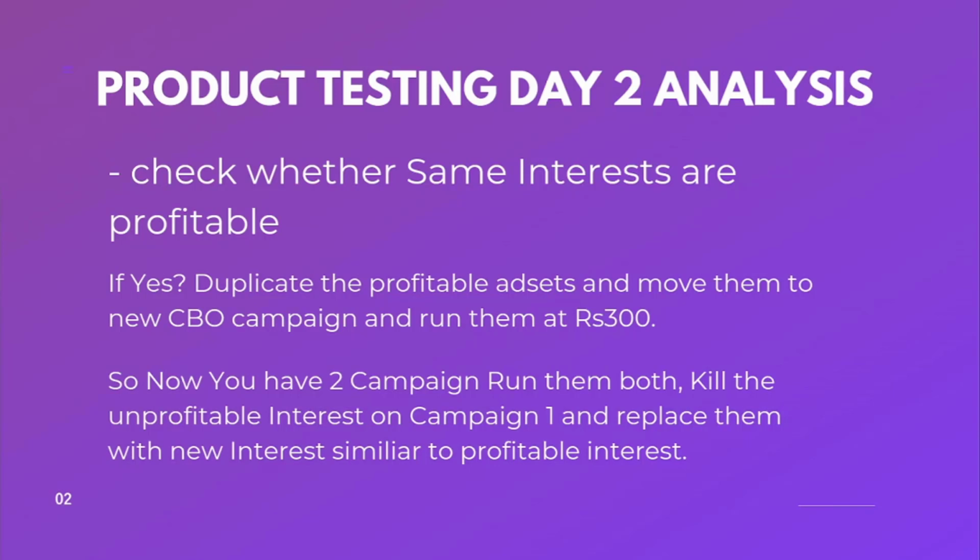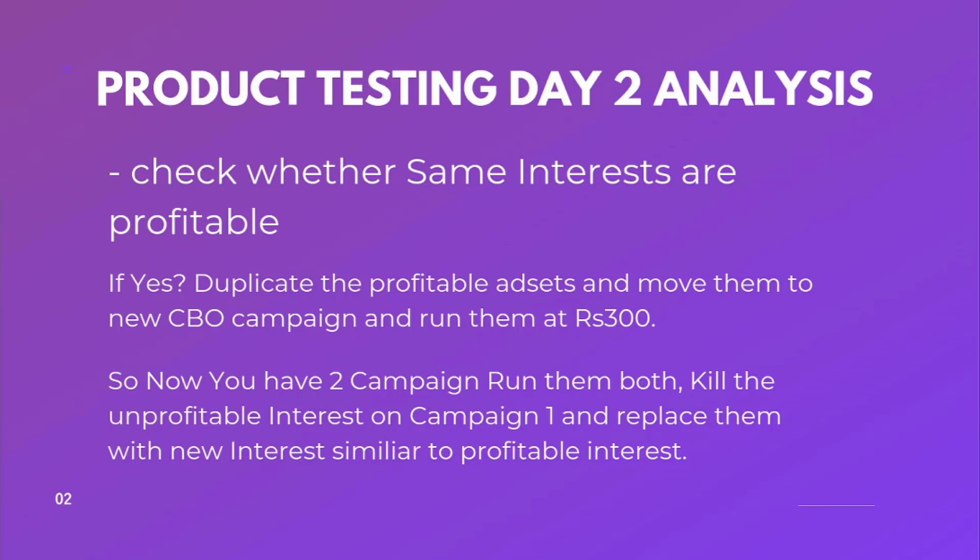So it will be easier for you to understand. That is why I've written: duplicate the profitable ad sets and move them to a new CBO campaign and run them at 300 rupees, because there are 2 ad sets. If there were 4 ad sets, then 150 into 4, which is 600 rupees. So that is how you should count. For every single ad set, you'll give 150 rupees. So let's say there are 4 ad sets, then 600 rupees, like that.